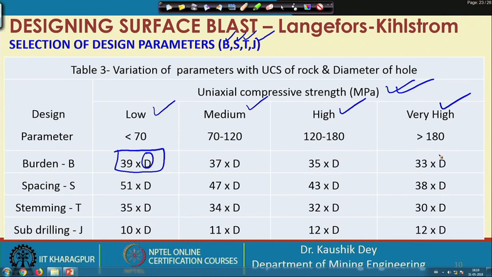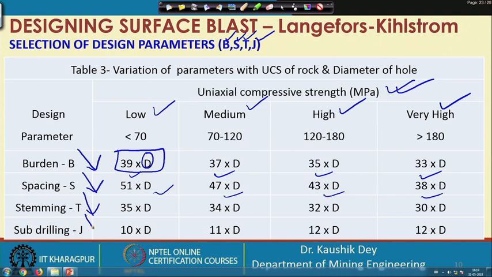So, basically burden value is decreasing with the strength of the rock, and stemming value is also decreasing with the strength of the rock, 51, 47, 43, 38 D. Stemming value is also decreasing, but not that significantly: 35, 34, 32, 30.